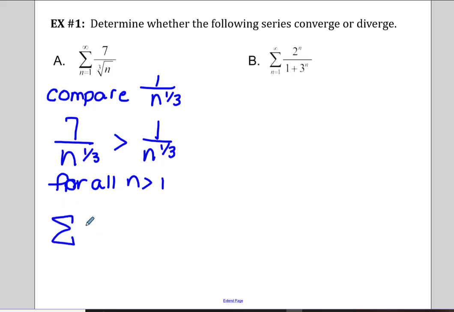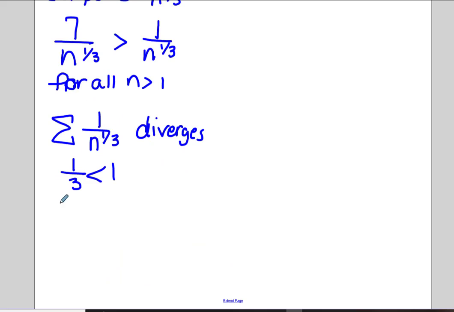That tells me that the summation, or the series, 1 over n to the 1/3 is going to diverge because 1/3 is less than 1. So this smaller series is going to diverge, and our larger series also diverges.